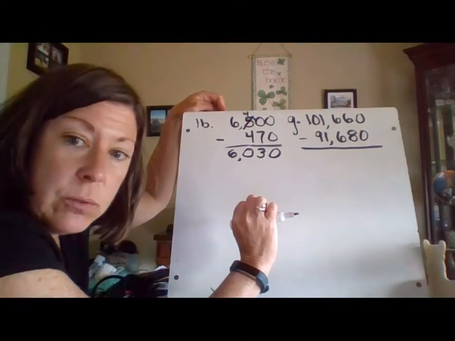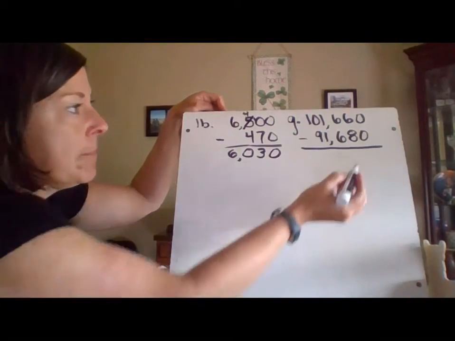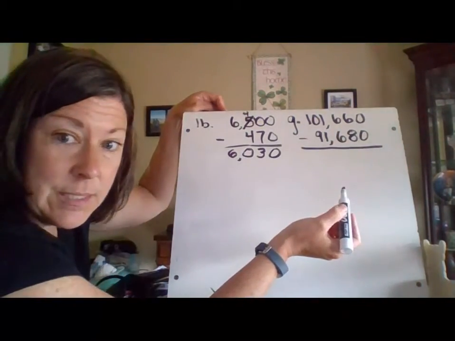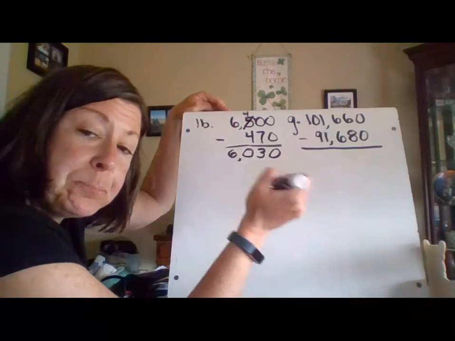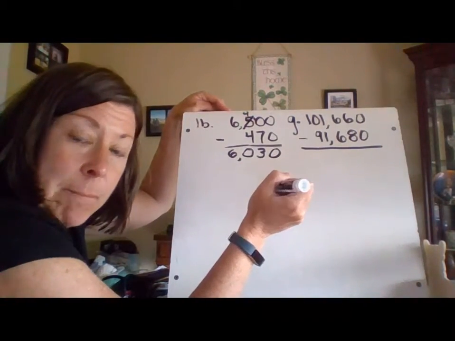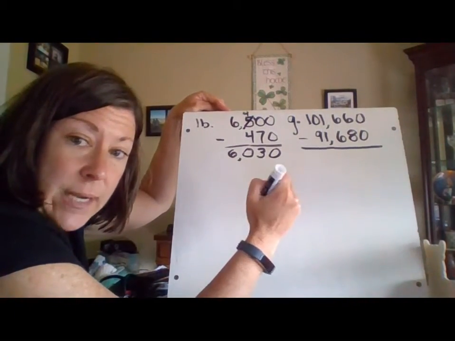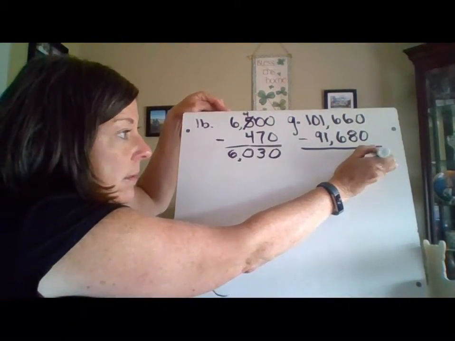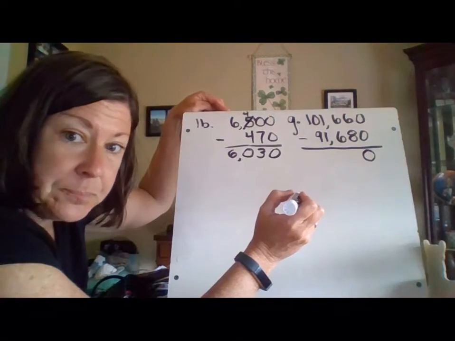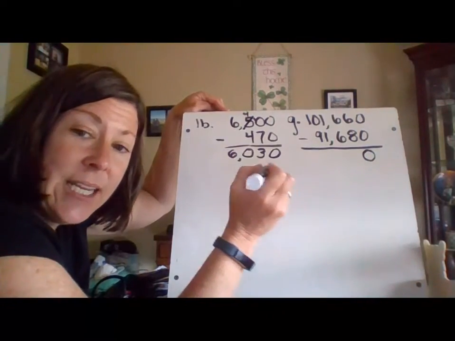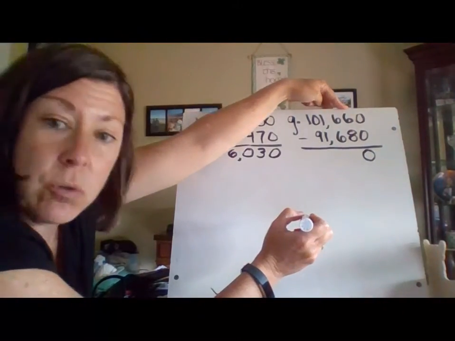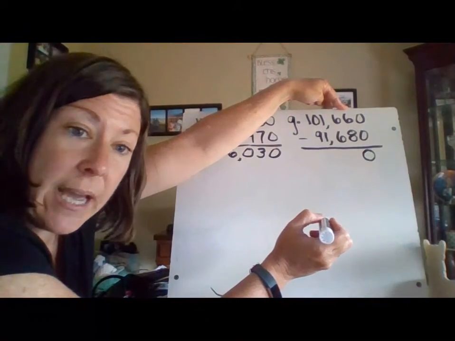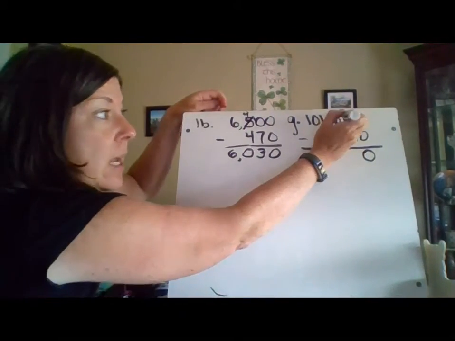Let's move to letter G. Again, we have 101,660 minus 91,680. 0 minus 0 is 0. I cannot take 8 from 6. I do not have enough up here, so I have to borrow from the hundreds place.